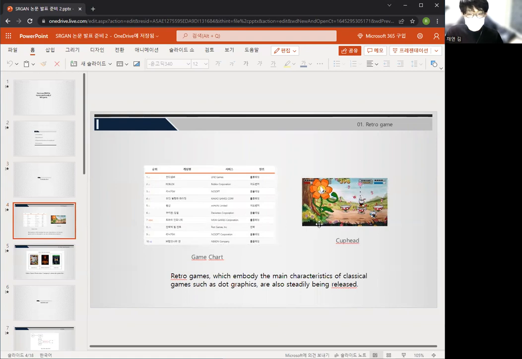In addition, games that embody the main characteristics of classical games, such as dot graphics, utilizing the sensibility of the past as shown in the picture, are also steadily being released.